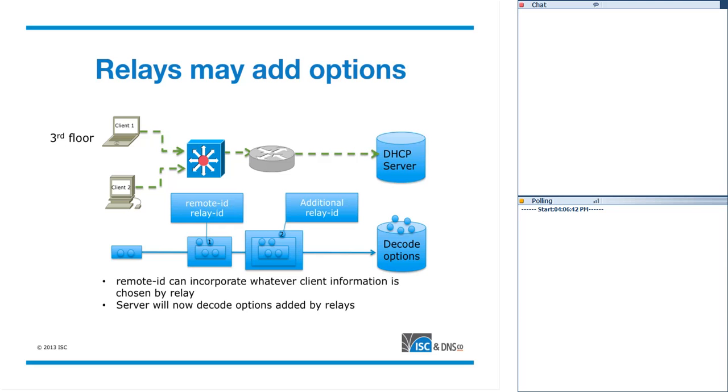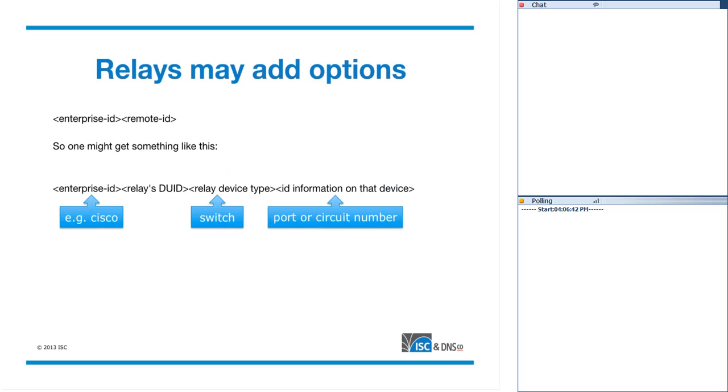Okay, excellent. And so with this next slide, could you walk us through what the remote ID option might look like in that case? Yep. So this is the remote ID option. It's partially specified by the IETF, the enterprise ID, and they suggest, but it's not a hard requirement, that you use the relay DUID to make the information unique. And then you could add whatever you want. It's up to the manufacturer what they want to put in there.